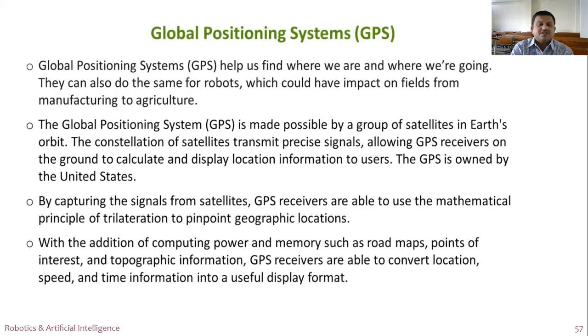By capturing the signals from satellites, GPS receivers are able to use the mathematical principle of trilateration to pinpoint geographic locations. With the addition of computing power and memory, such as road maps, points of interest, and topographic information, GPS receivers are able to convert location, speed, and time information into a useful display format.